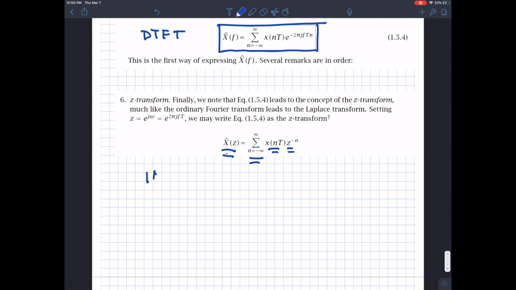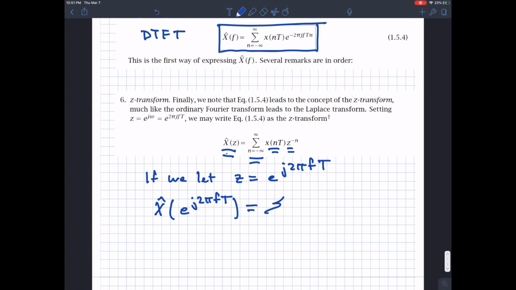So if we let Z equal to e to the j 2 pi ft, okay, and plug that into x hat. Alright, so I'm replacing the Z with e to the j 2 pi ft.